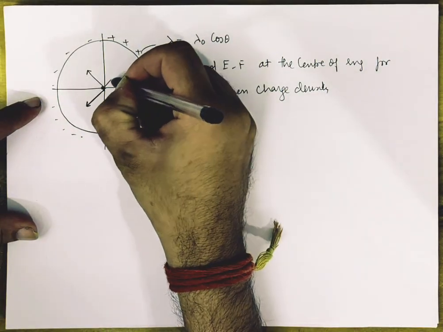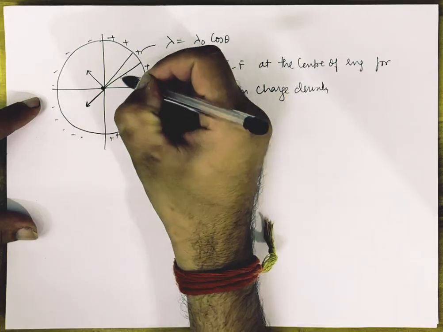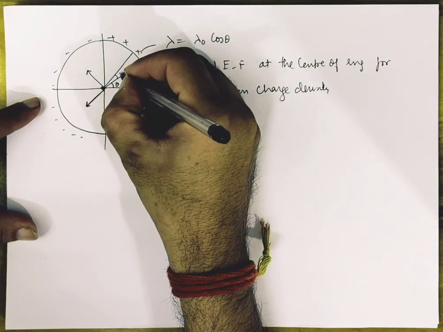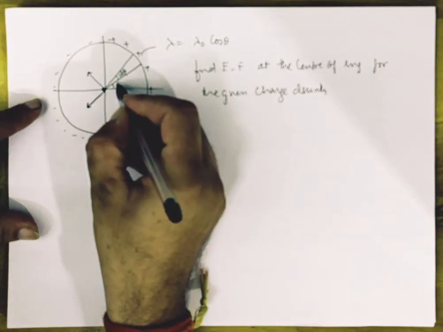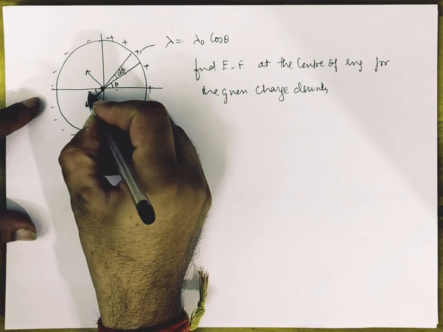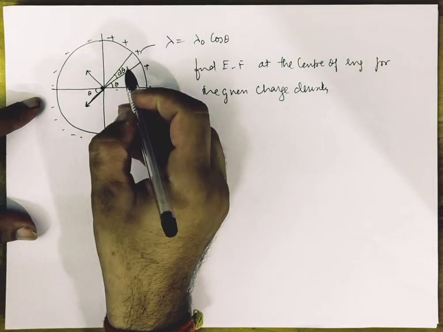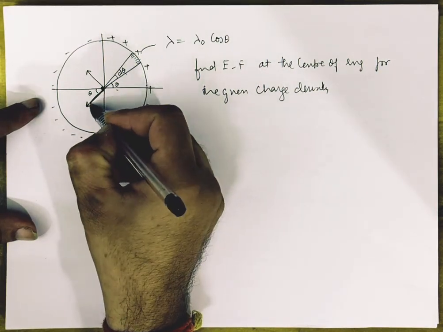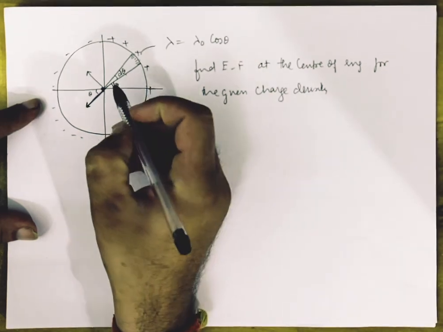So if I take a small element at an angle theta, I take it as d theta. This is the line we are creating, and this is the vertically opposite angle theta. For this small portion, I get an electric field towards the third quadrant.